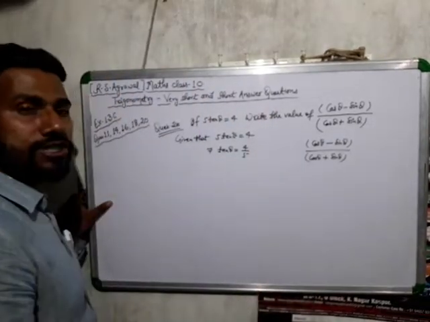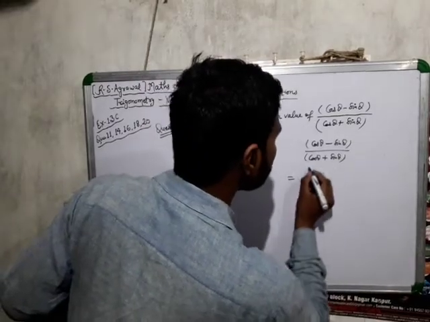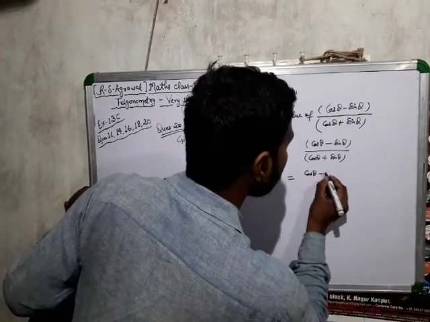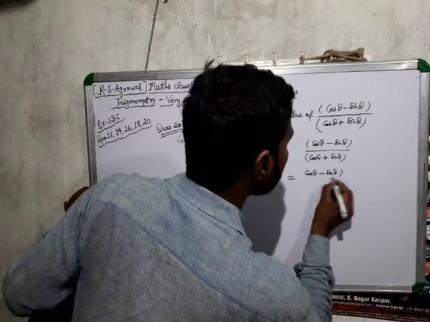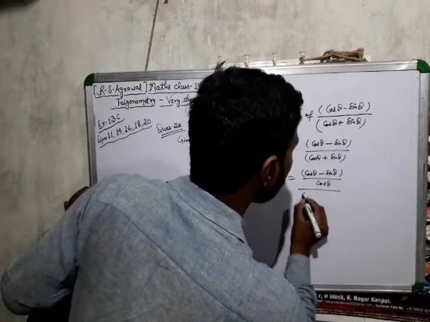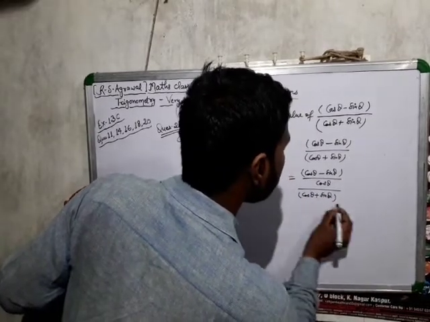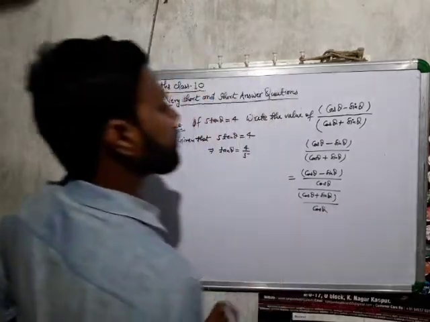We divide by cos theta in numerator and denominator. This is equal to (cos theta minus sin theta) divided by cos theta, and (cos theta plus sin theta) divided by cos theta.